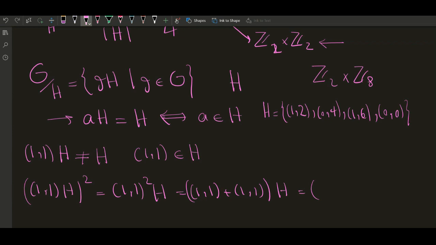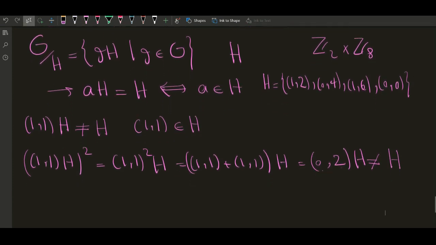We add the first components mod 2: 1 plus 1 is 2, mod 2 is equal to 0. And we add the second components mod 8, so we get (0, 2). We see that (0, 2) doesn't belong to H either, so it's not equal to H. So the order of (1, 1)H is not 2.